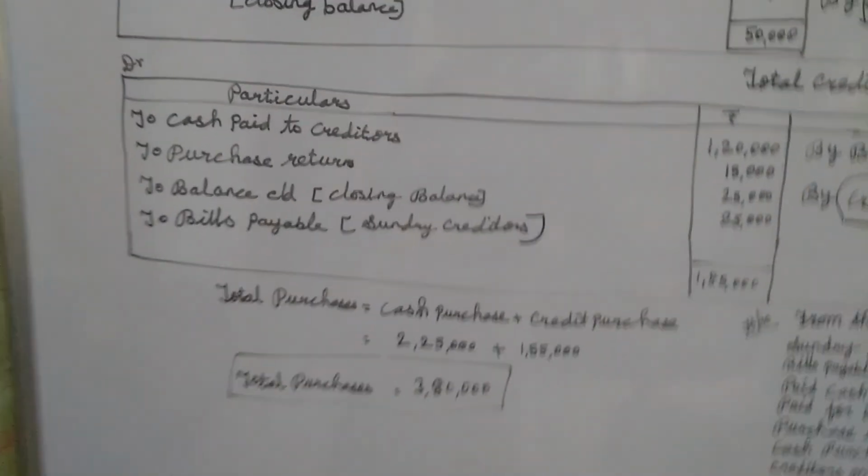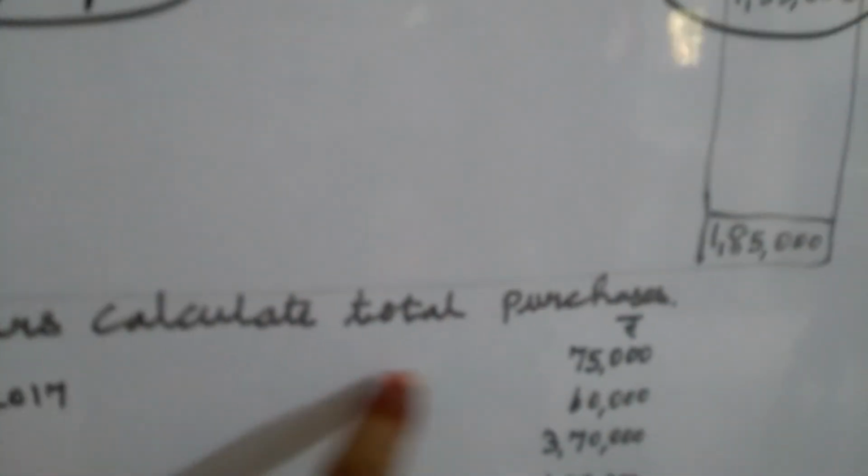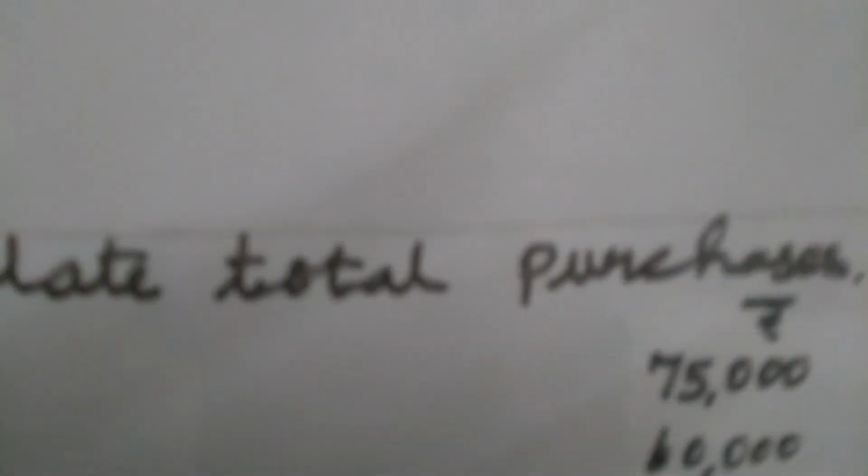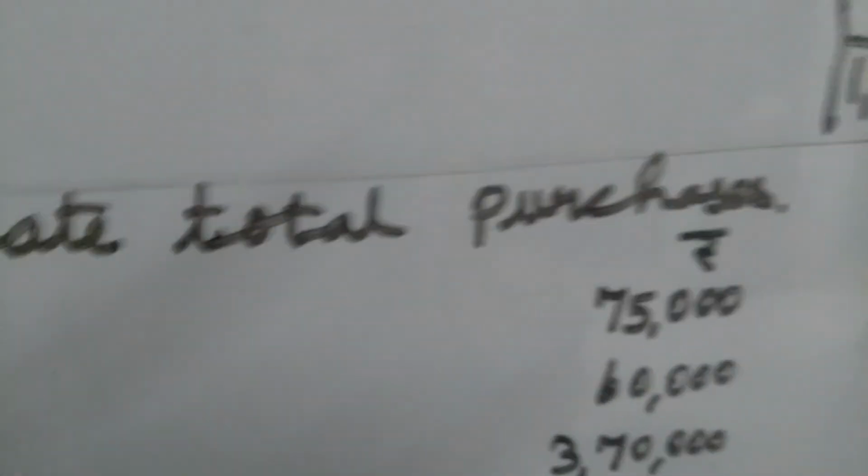Same model, I give one more homework sum. That sum also you work out, complete and submit, right? See the sum. From the following particulars, calculate total purchases. Sundry creditors on 1st April 2017, 75,000. And then bills payable on 1st April 2017, 60,000. Okay.